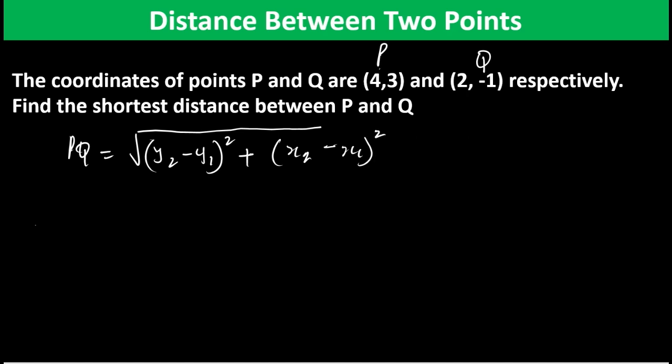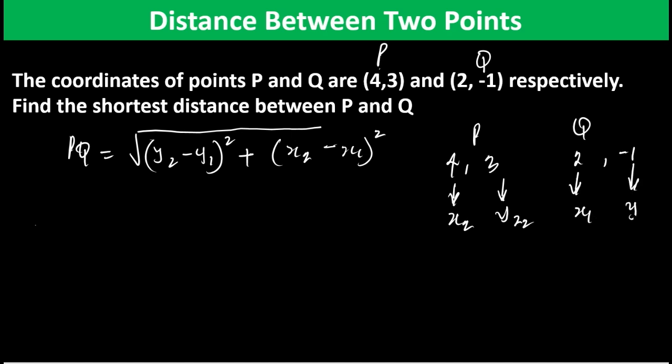If I'm taking my side P to be the first side, so that if I have 4 and 3, obviously this will be my x2 and this will be my y2. Then I'll take Q to be the second side. I have 2 and minus 1. This obviously will be my x1 and this will be my y1.